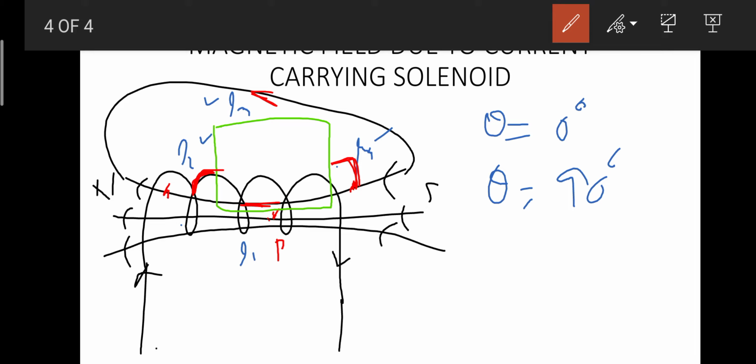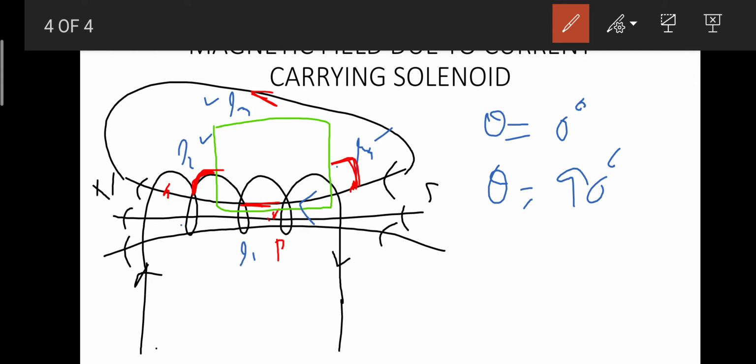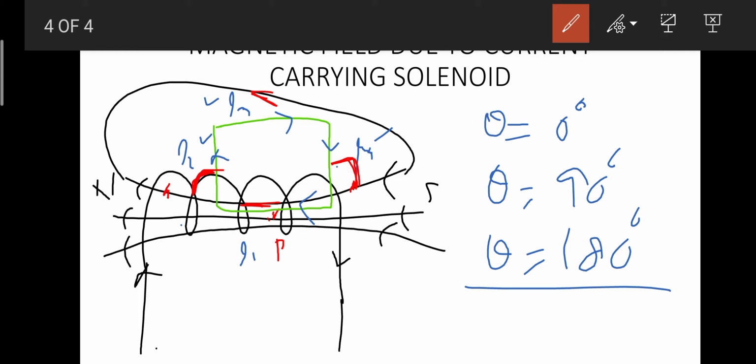And again, for the third configuration, for the L3 side, for this Amperian path, if I draw the directions as well, this is the direction L1, this is L2, this is L3, and this is L4. So for this loop, if I want to see the angle between L3 and B, this theta is equal to 180 degree, right? Now you must be thinking why 180 degree, because I've already mentioned that we are going to discuss a two symmetry system.